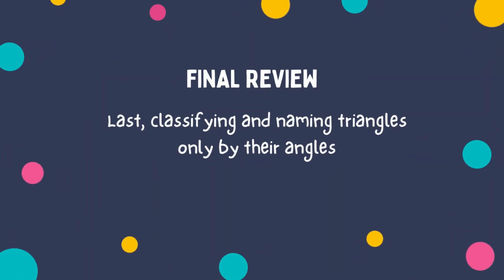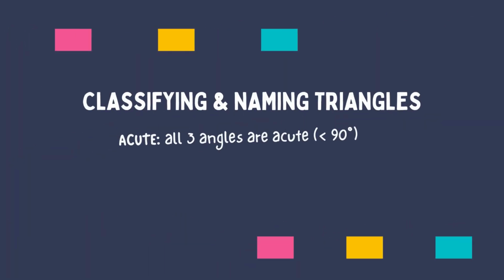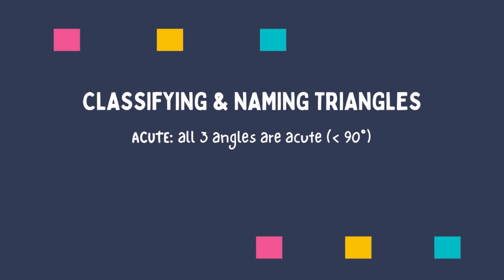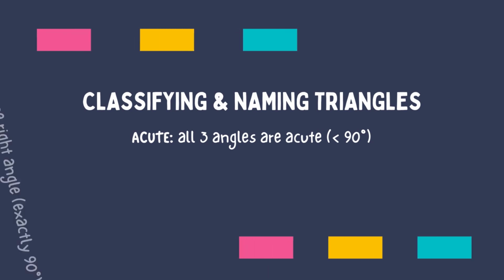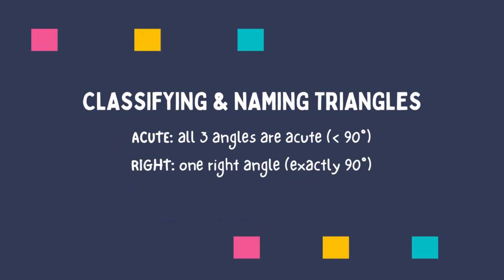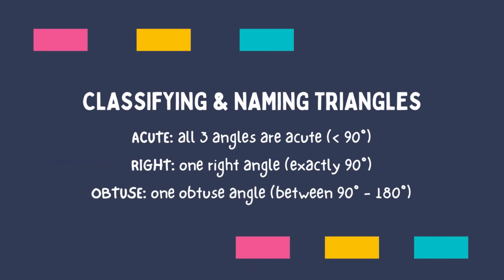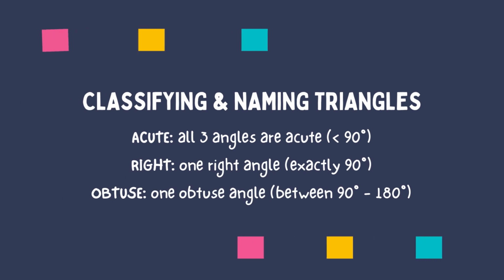Finally, we learned how to classify triangles by their angles alone. Triangles with all 3 angles measuring less than 90 degrees are called acute triangles. Triangles with 1 right angle are called right triangles. And triangles with 1 obtuse angle are called obtuse triangles.